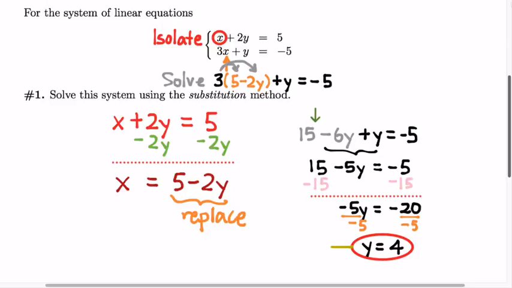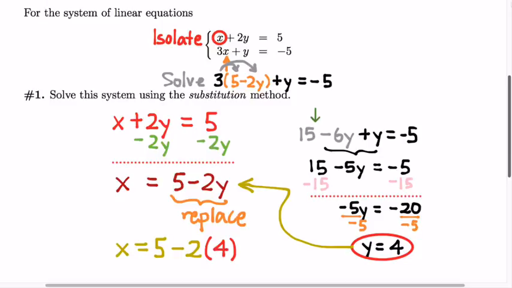I'm actually going to make the choice, because I find it's going to be a little simpler, to plug this value into our rearranged equation x equals 5 minus 2y. The reason I like that, and the reason you might also like it, is that now finding x is going to require no algebra, but only arithmetic.